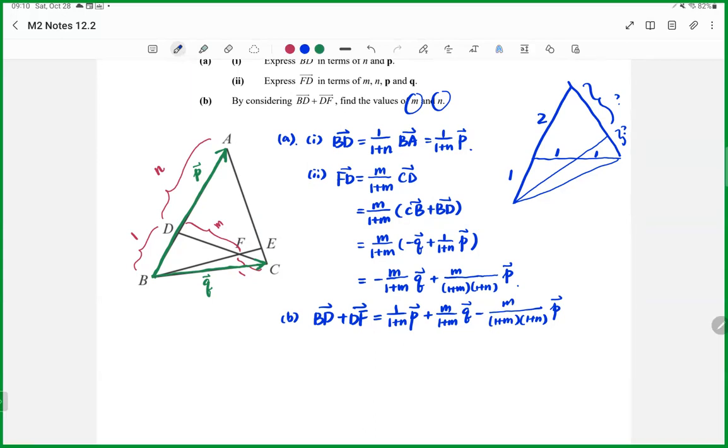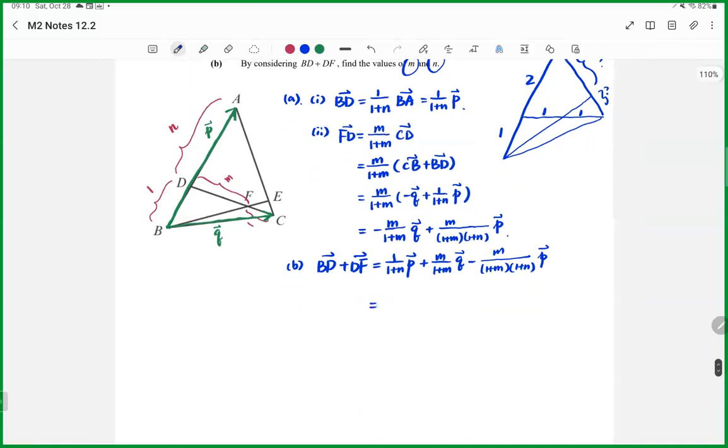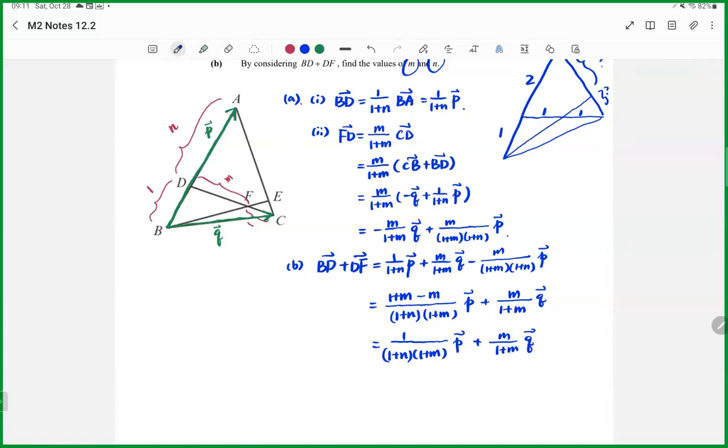After simplification, I put P together. So this is 1 plus N and 1 plus M. So 1 plus M minus N over 1 plus N, 1 plus M, P, plus M over 1 plus M, Q. So it's expressed.